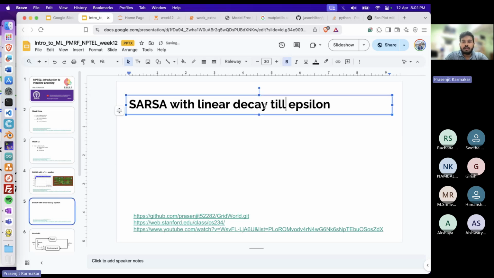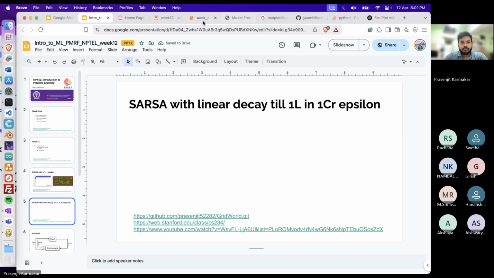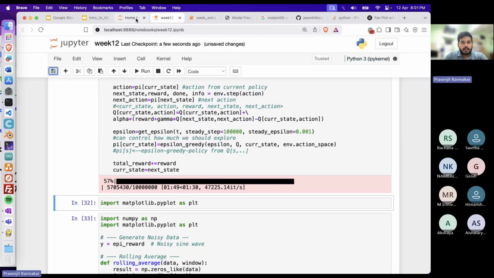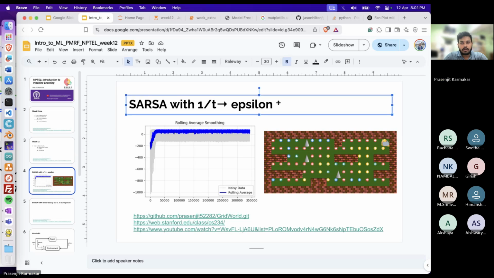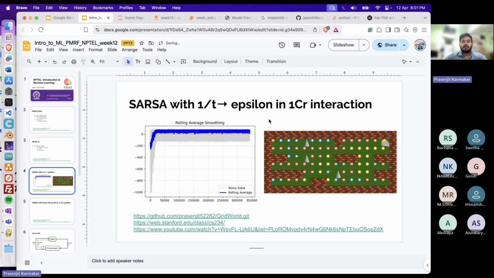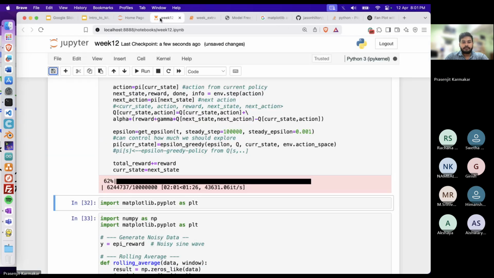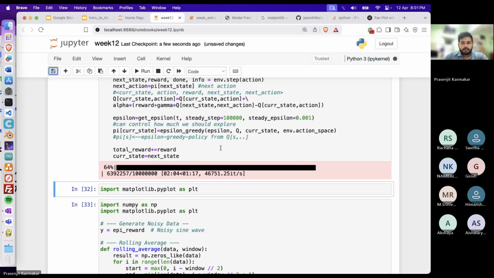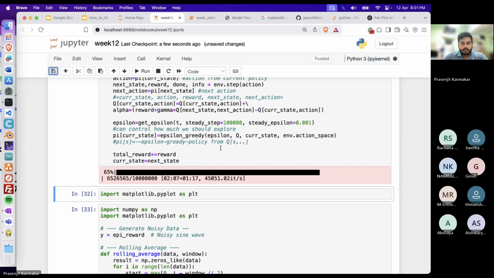Linear decay till 1 lakh in 1 crore. And the previous one, it was also 1 crore. Here are the interactions. 20%.